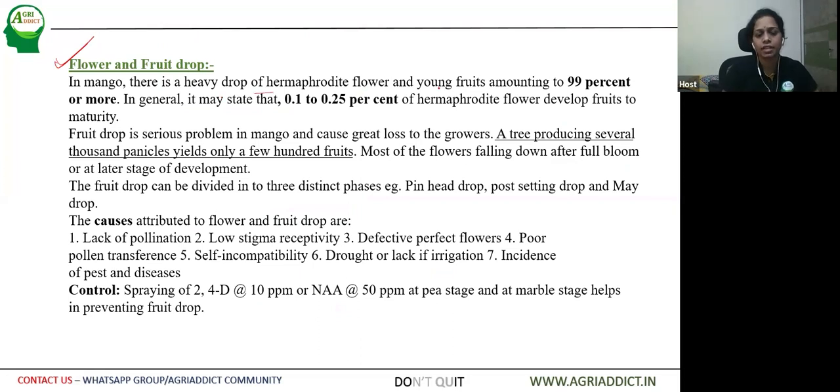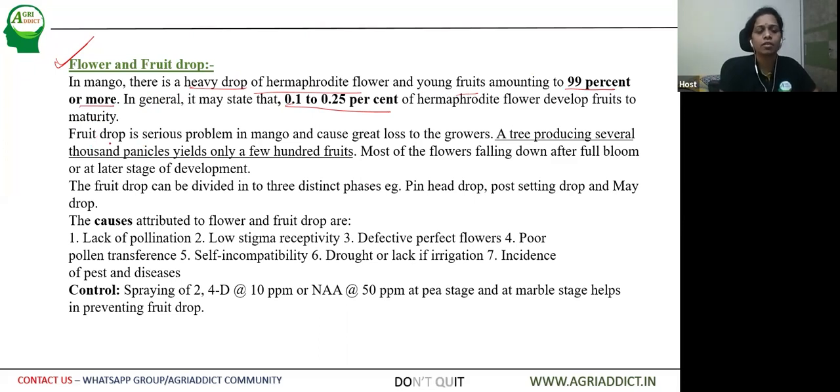As the percentage of perfect or bisexual flowers is very low, in any inflorescence the drop of young fruits amounts to about 99% or more. So less than 1%, that is 0.1 to 0.25% only, of the bisexual flowers develop into fruits after pollination.